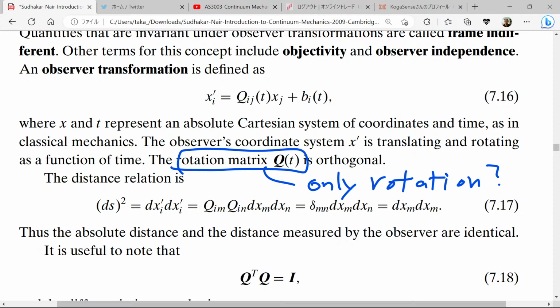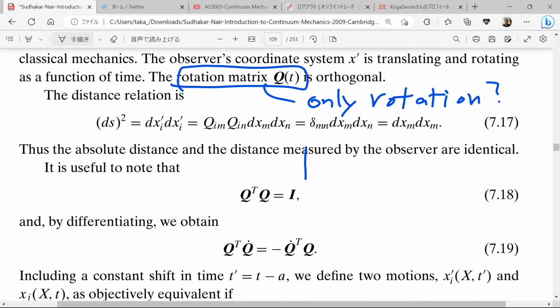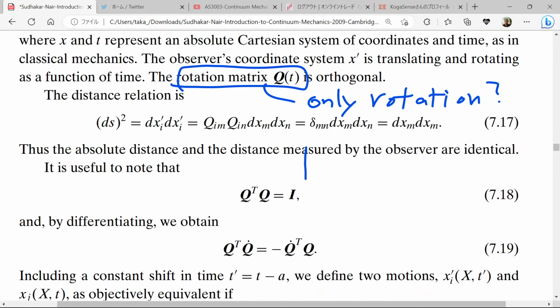The distance relation: ds squared is dx_i prime dx_i prime, which is Q_im Q_in dx_m dx_n, which is delta_mn dx_m dx_n, which is dx_m dx_m. Thus the absolute distance and the distance measured by the observer are identical.